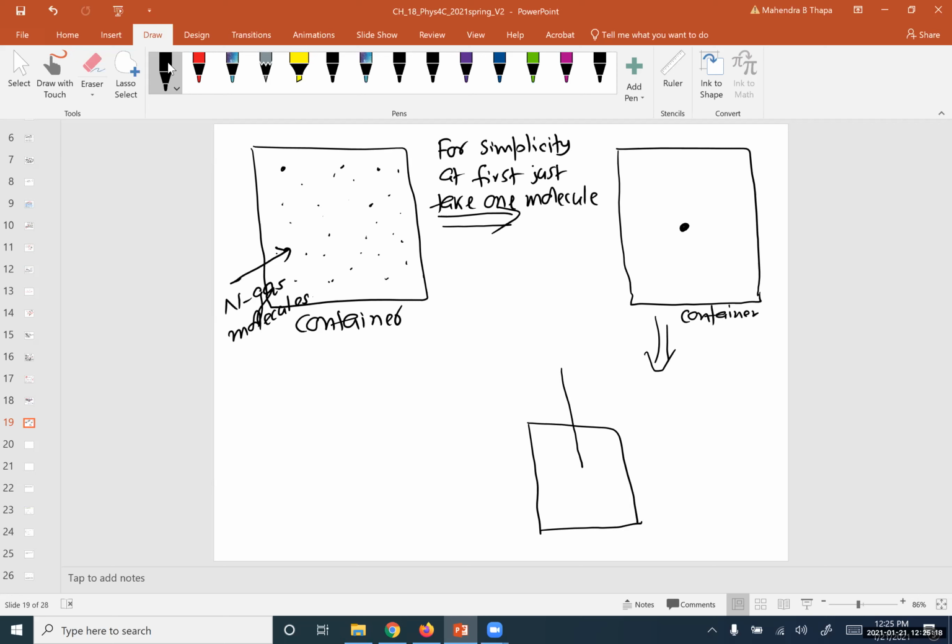I'm making a box. I will join this side, this side, this side. Now this is a box. Same box, same container. I will assume the shape of a cube of side L.